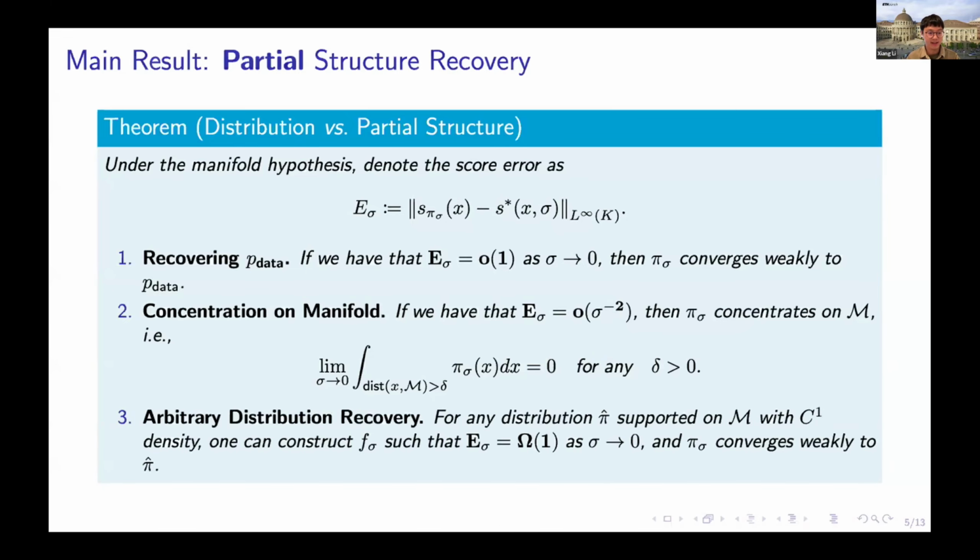We also provide a negative result, a lower bound: if your score error is only Omega(1), then you can have an arbitrary distribution on your manifold, which means you cannot control the distribution generated on this manifold. This tells us that recovering p data is very hard in practice. If your score is only roughly accurate, which we believe is the practical case, you first recover the manifold. You have a distribution supported on the manifold, so you already have very realistic and beautiful images.